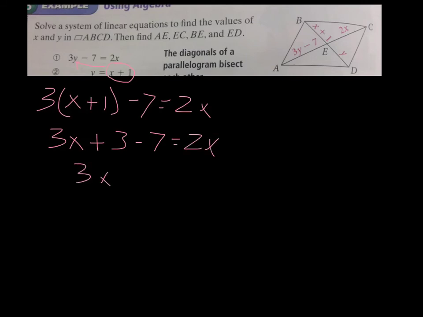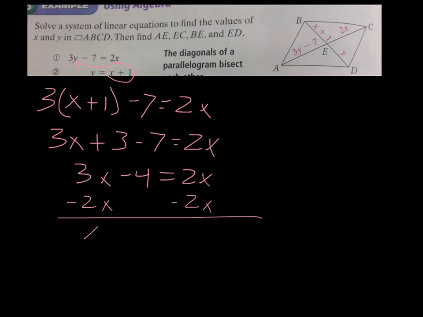So you'll have 3x minus 4 equals 2x. Then subtract 2x from both sides. You could subtract 3x from both sides at this point, but I like to keep my variables positive. So you get x minus 4 equals 0. Then add 4 to both sides, and you get x equals 4.